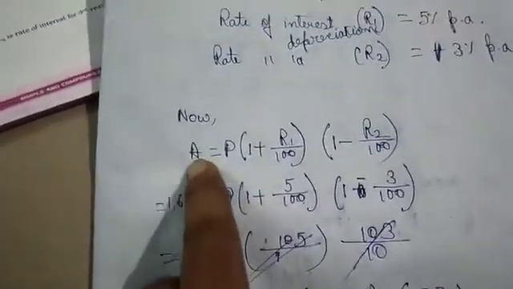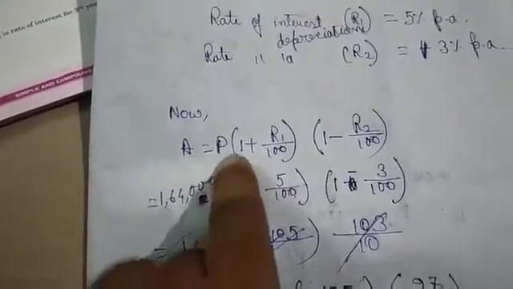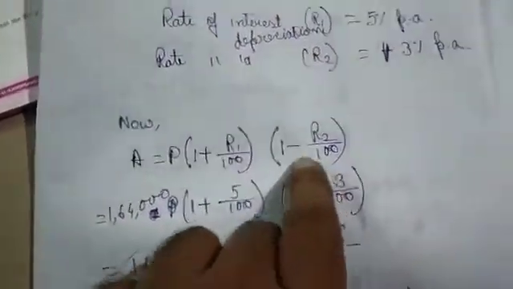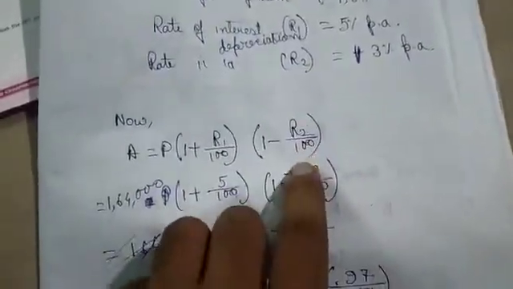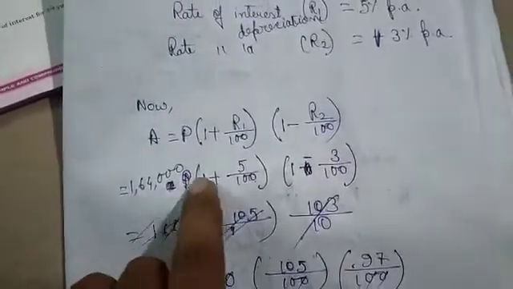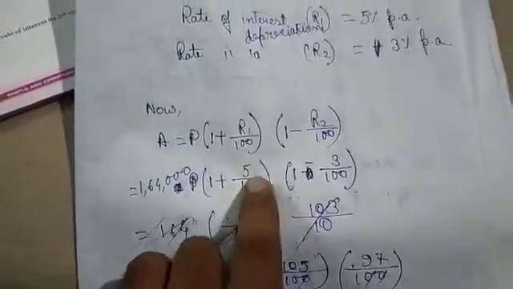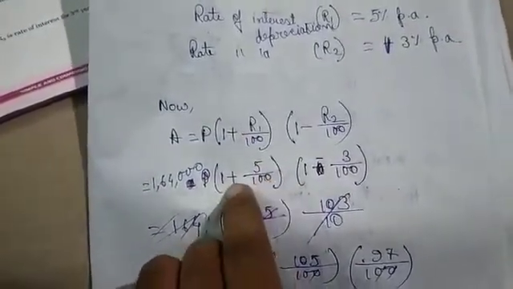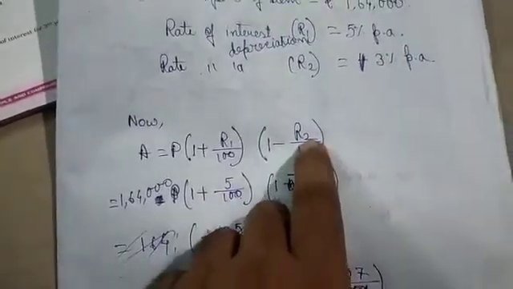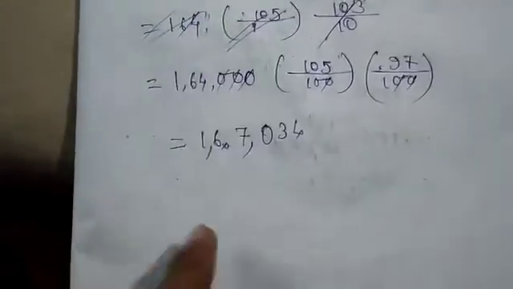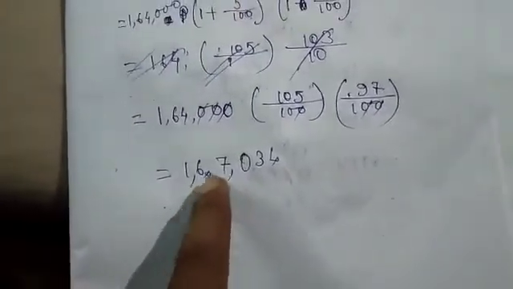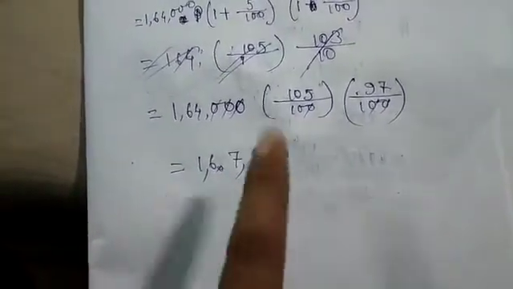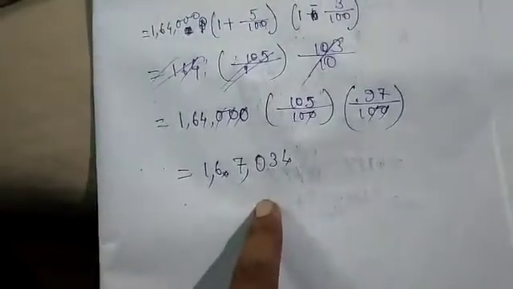Our formula will be A equals P into (1 plus R1 by 100), and for the other year (1 minus R2 by 100). So 1,64,000, we put the value 5. For the first year it is 5% increasing, that is why it is plus, and for the second year it is decreasing, that is why it is minus. Now calculate both the values and you will get the same result. We got the result as 1,67,034. Here also we are getting the same value.